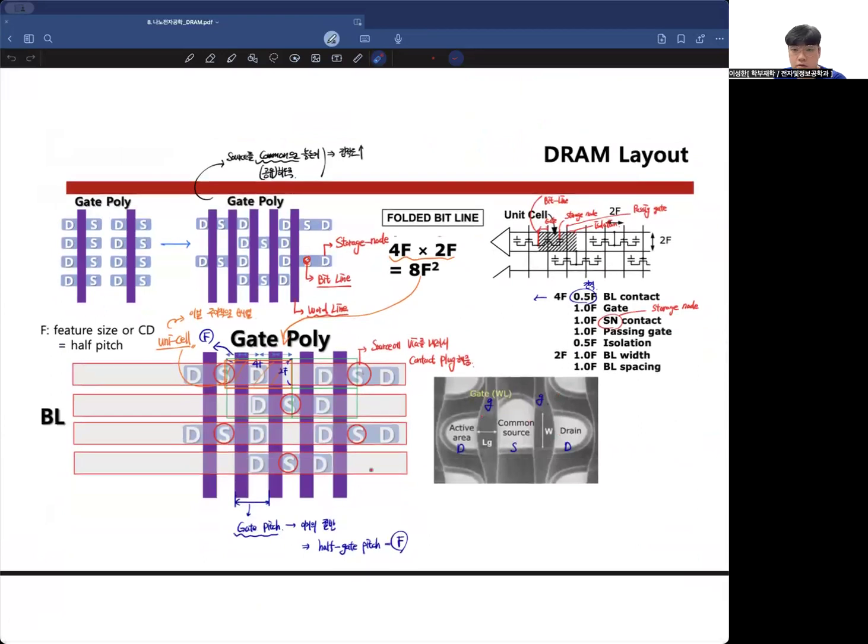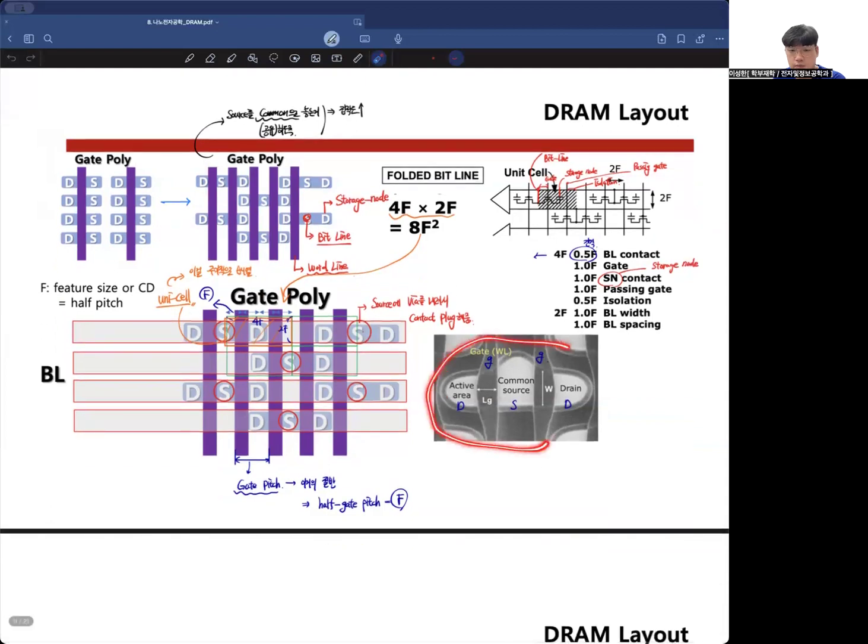And then this is the DRAM layout. The DRAM is used in the shape of an array. You can see the gate, drain, and source. As I told you, the source goes to the bit line, the gate is the word line, and the storage node is connected by the drain.